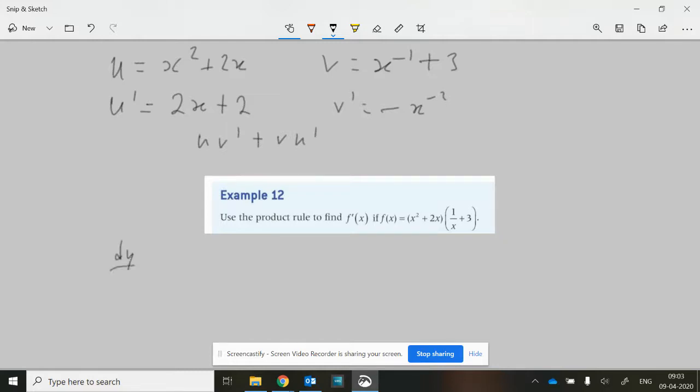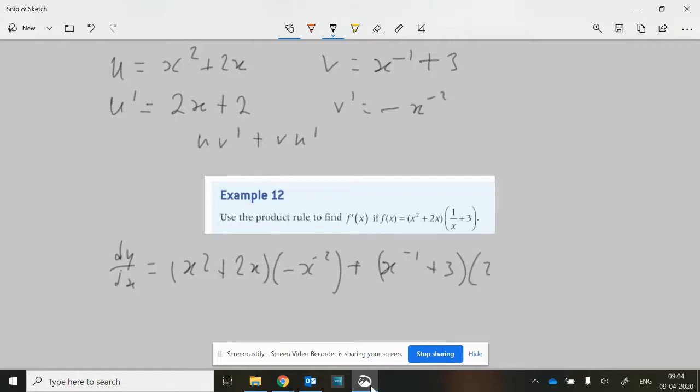So now we've got dy dx is equal to x squared plus 2x, that's just u, times by v dash, so we've got minus x to the minus 2 there, plus v, so we've got x to the minus 1 plus 3 times by u dash here as well.